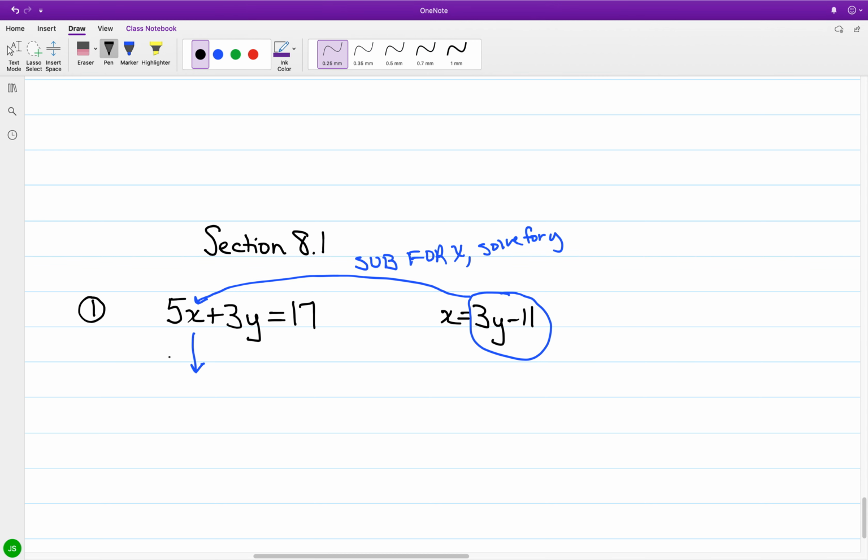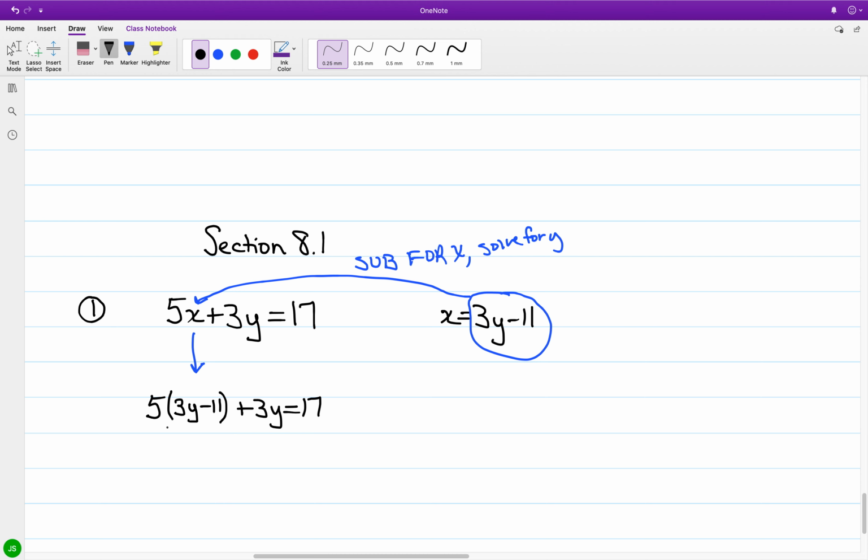Upon doing so, for 5 times x, I can write this as 5 times the quantity of 3y minus 11, followed by the addition of 3y is equal to 17.